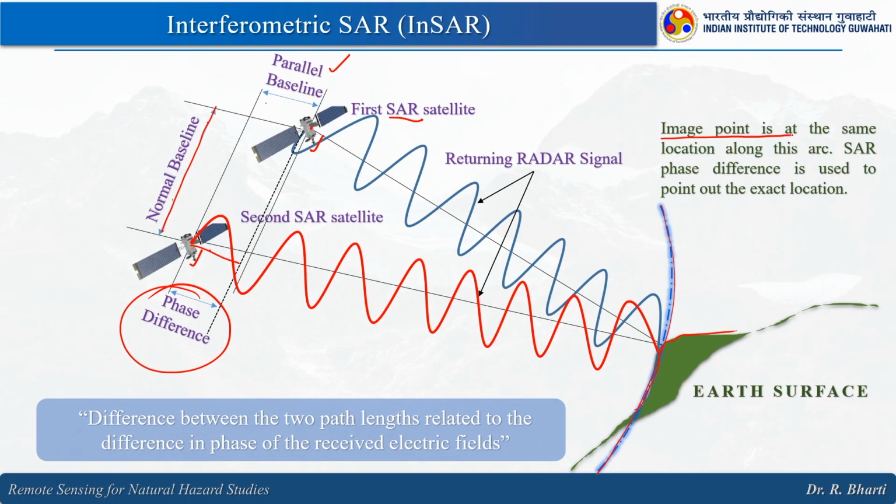So the image point is at the same location along this arc. SAR phase difference is used to point out the exact location of this, right. So the difference between two path lengths relates to the difference in phase of the received electric fields. I hope this basic configuration is clear to you.